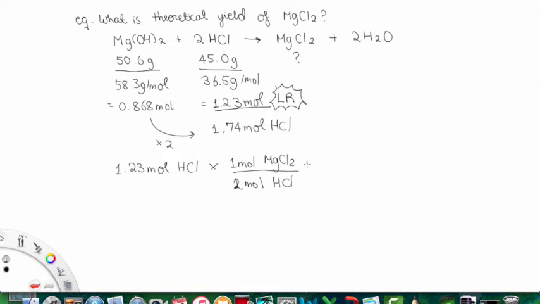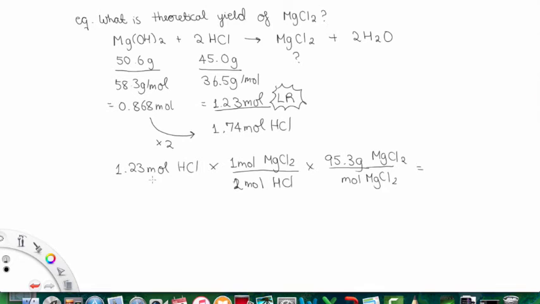And then we also have to multiply it by the molar mass of MgCl2, which is 95.3 grams per mole. And now this gives us the theoretical yield in grams of magnesium chloride.